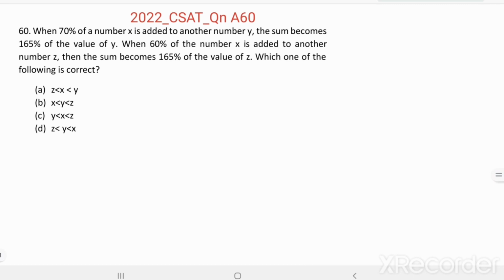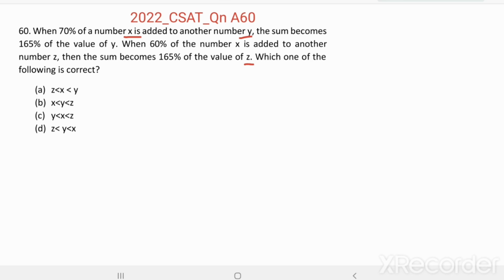Question number 60. When 70% of a number x is added to another number y, the sum becomes 165% of the value of y. When 60% of the number x is added to another number z, the sum becomes 165% of the value of z. Which one of the following is correct? Here, 3 numbers are there, x, y and z.